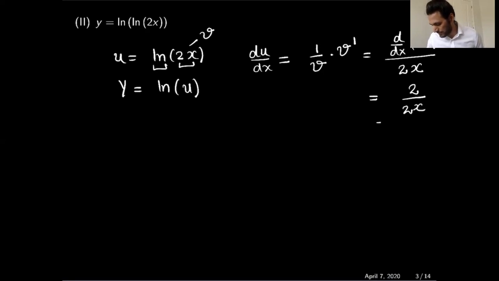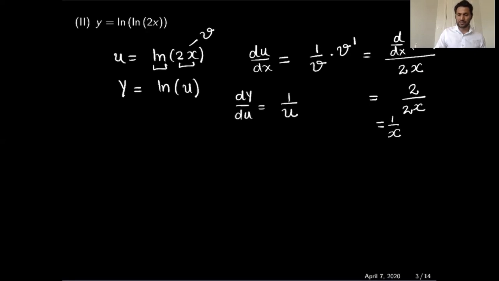If I simplify this one, this will be 1 over x. And now I will calculate the derivative of y with respect to u, which is simply 1 over u. To finish this problem off, I will apply the chain rule.